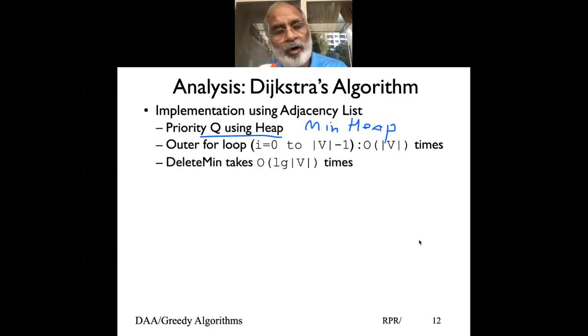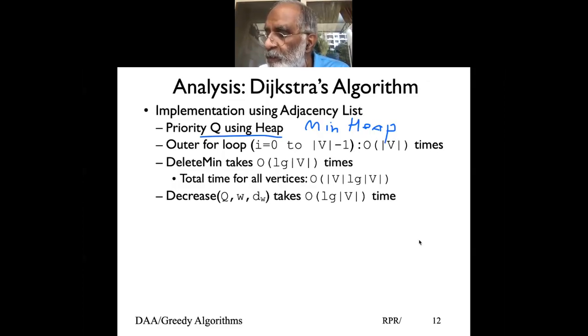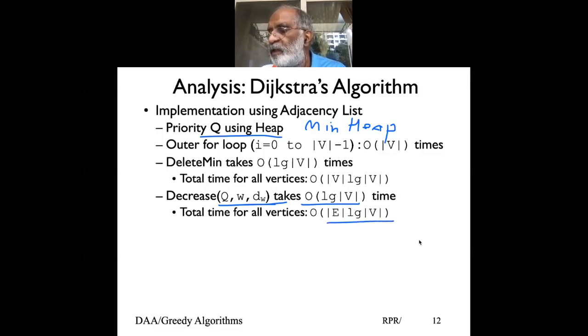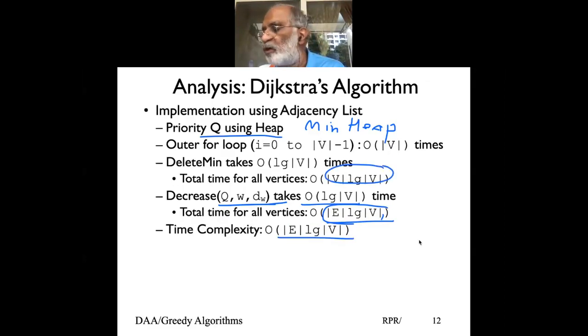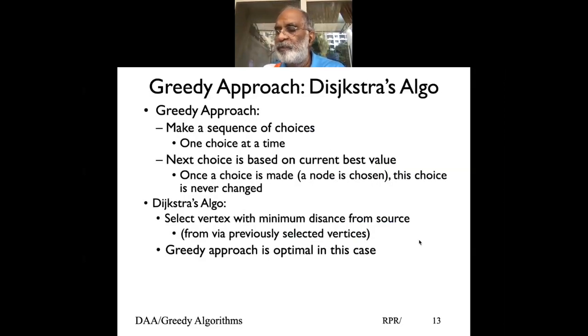Delete min takes order log n time, so this takes order n log n time. But for each edge, the decrease takes log v time, and we are doing it for each edge, so this takes e log v time. So time taken is order e log v plus v log v, which is basically e log v, the time complexity of Dijkstra algorithm.